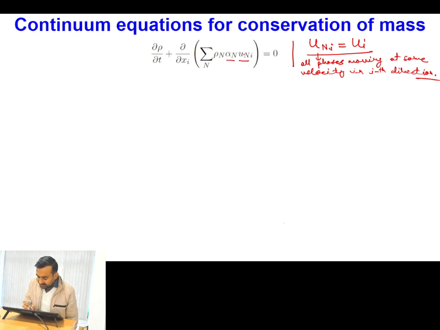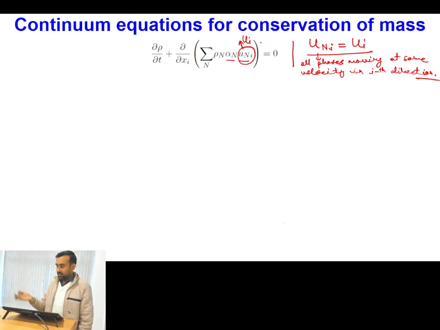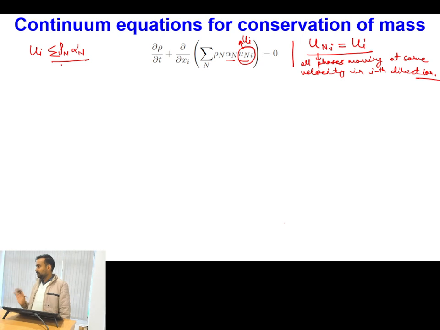So I can simply replace u n i with ui over here, and this ui will be a fixed quantity for all phases. If ui is fixed, I can take it out of the summation, and inside the summation I will simply have rho n into alpha n. Is this one clear?